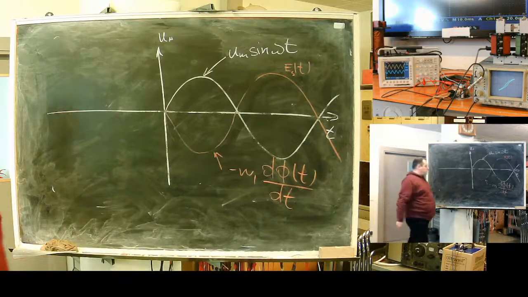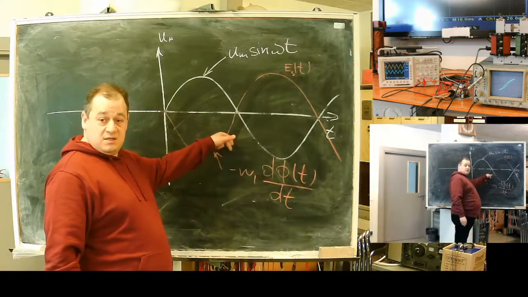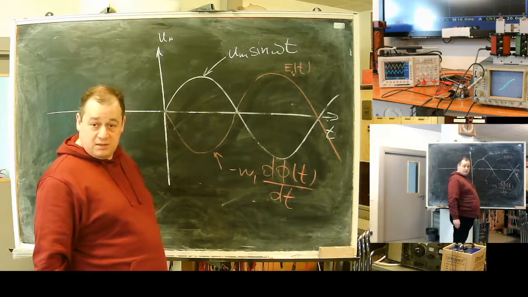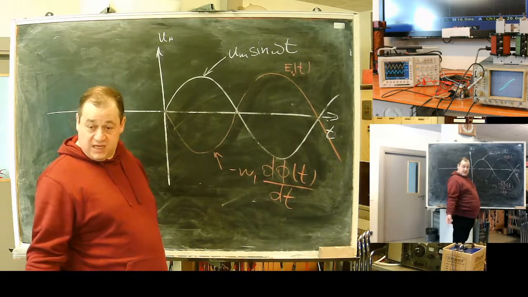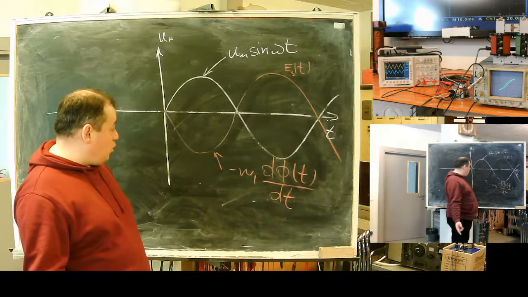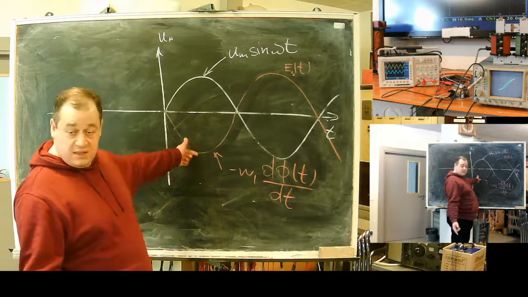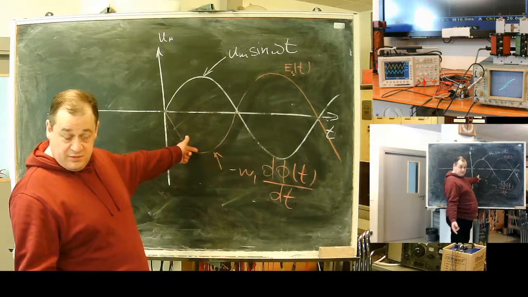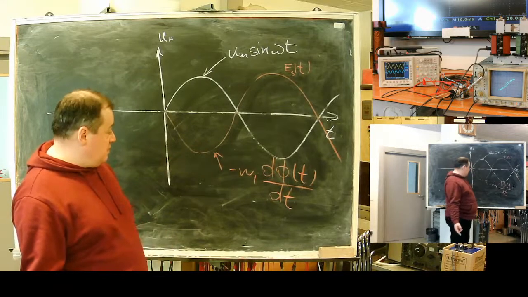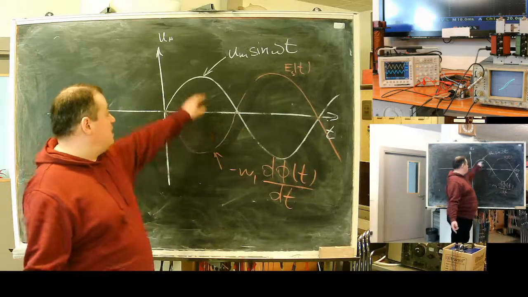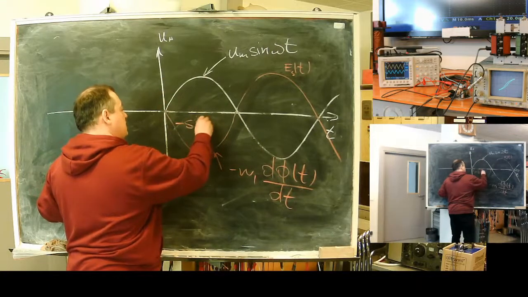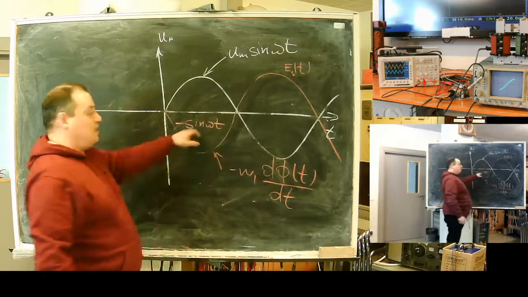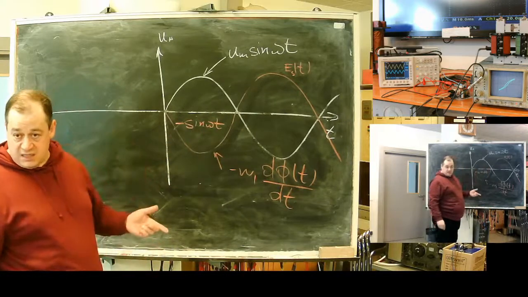What should the flux be to make such a red line? The derivative of the sine is cosine, isn't it? If we want to know the flux, we should take an integral of the red line. Integrating, if this one is sine omega t, the red one is minus sine omega t. The integral of minus sine is cosine. Okay?